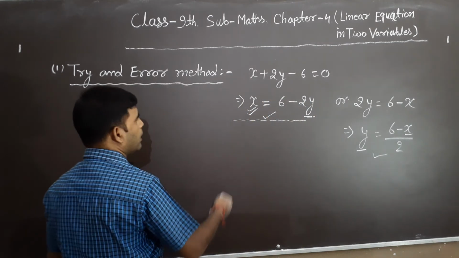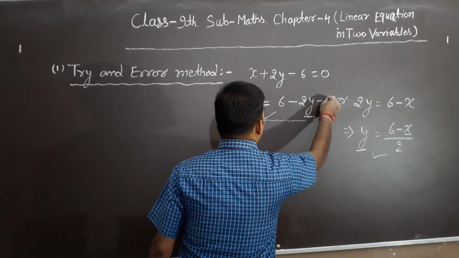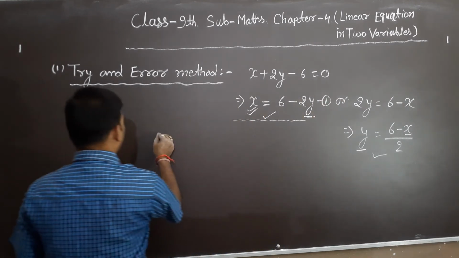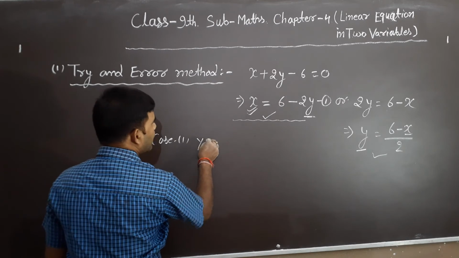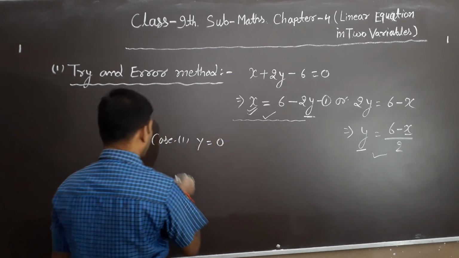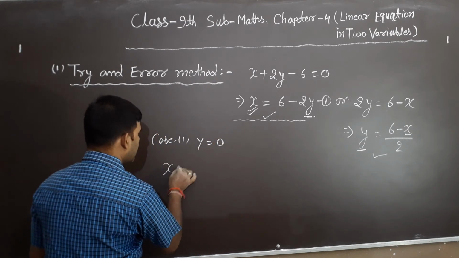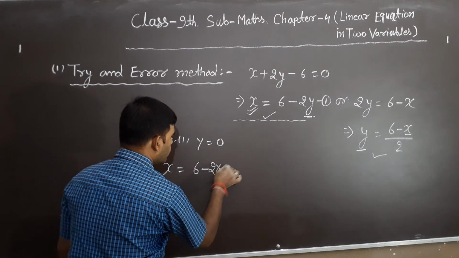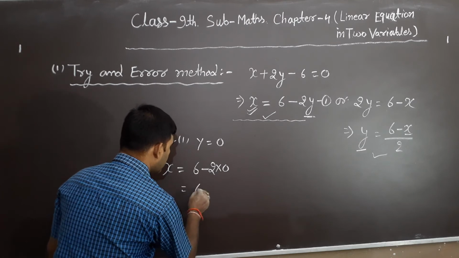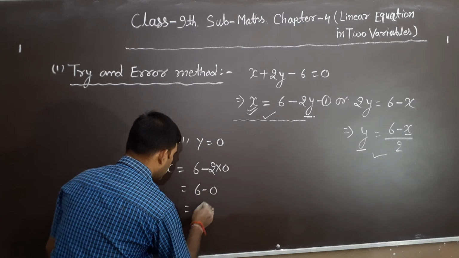First case: y is equal to 0, then x is equal to 6 minus 2 into 0, so we get 6 minus 0 is equal to 6.